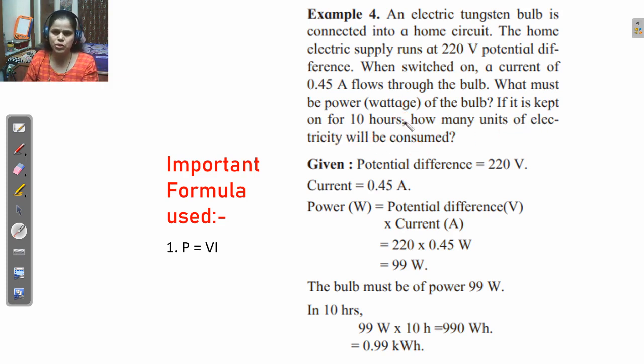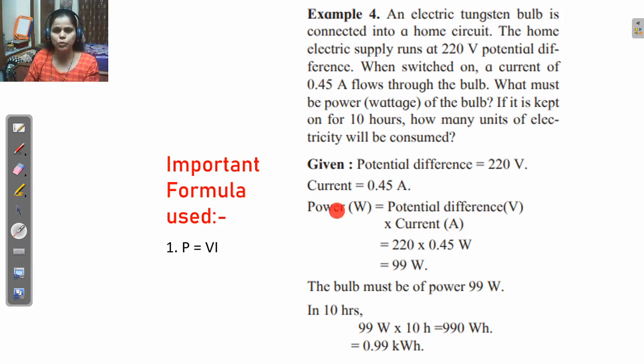This is our question. And one important formula that we will use in this problem, P equals to VI. Power equals to V into I. So what are given? Potential difference V equals to 220 volt and current I is given 0.45 ampere is given.